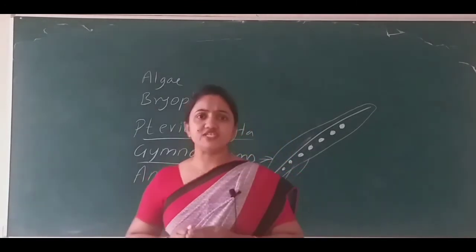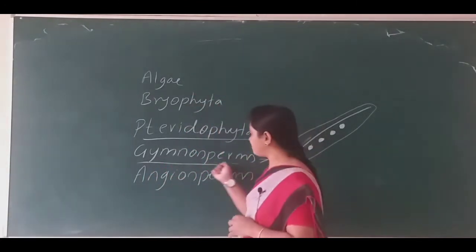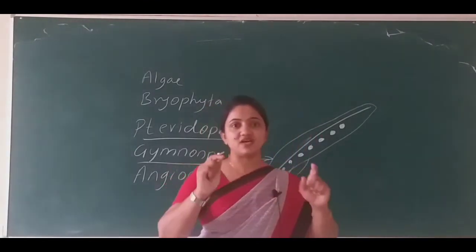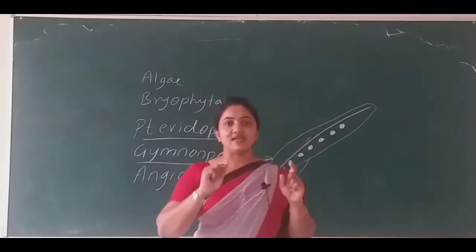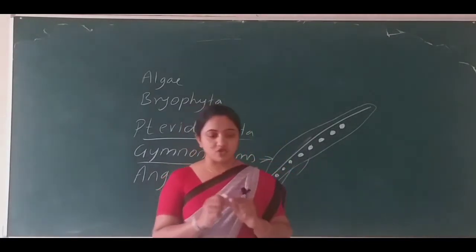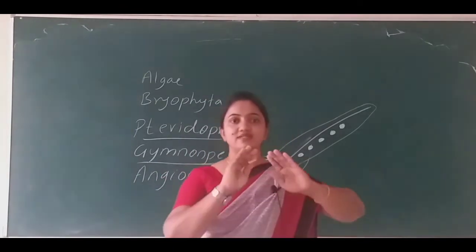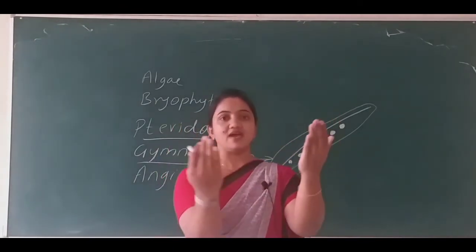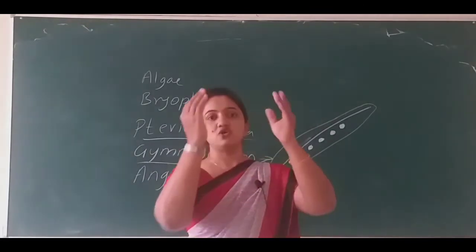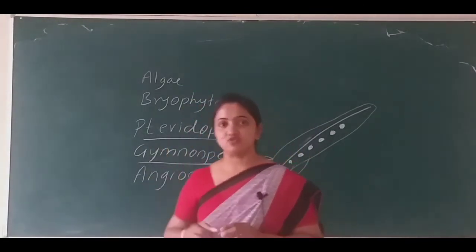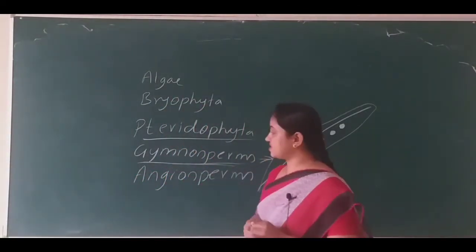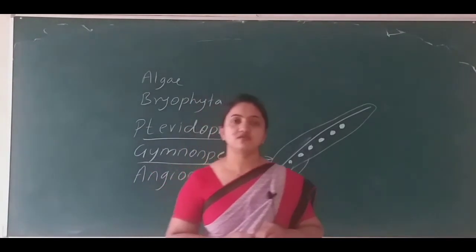One unique feature it has: gymnospermic plants are known as naked ovule plants. Why so? Because the ovules are not covered by an ovarian wall. They are exposed to the environment. That's why it is known as naked ovule. Now coming to reproduction.